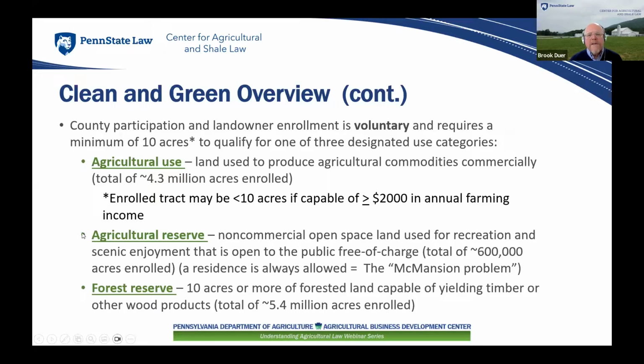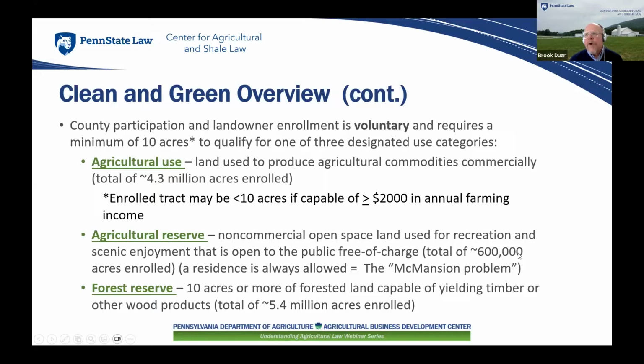This is obviously, or maybe you're not aware, a bit of a lightning rod in the entire scheme of things with regard to Clean and Green. The formal definition: non-commercial open space land used for recreation and scenic enjoyment that is open to the public, free of charge.